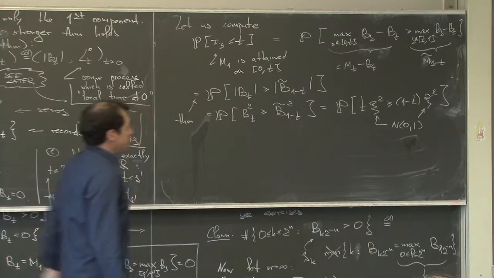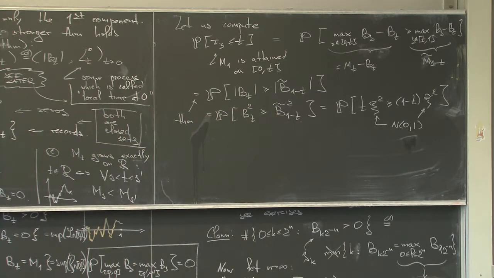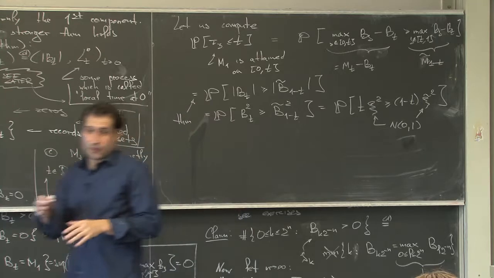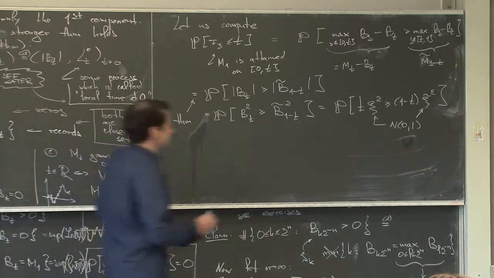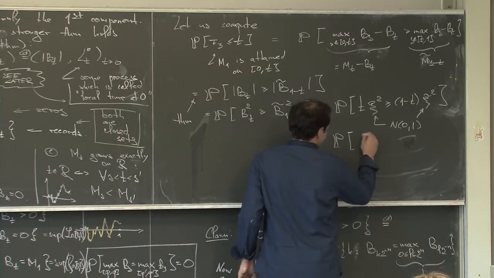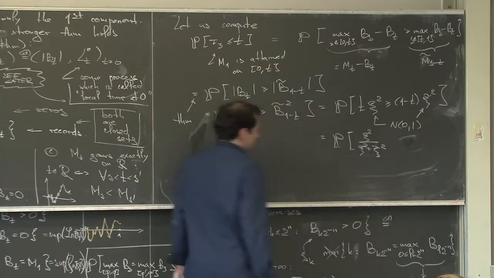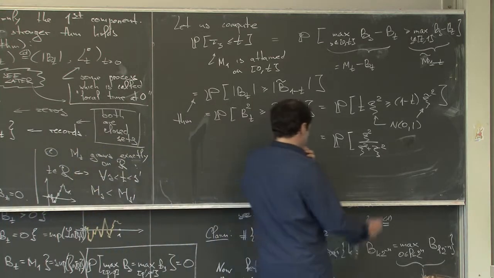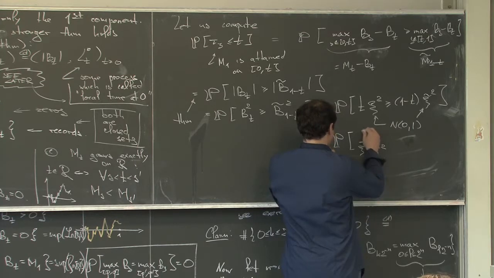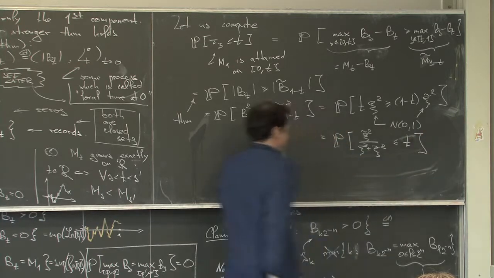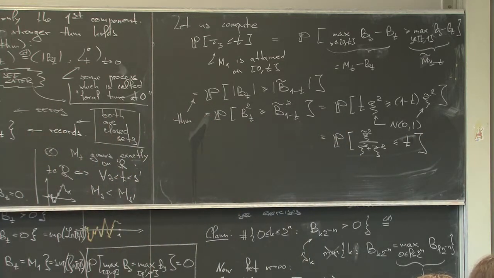Okay? And then what I say is that it's a fairly simple geometrical problem because I can think about xi and xi tilde as a Gaussian vector in the plane. And so if I rewrite it as xi squared over xi squared plus xi tilde squared is less than t, then hopefully I'm done.